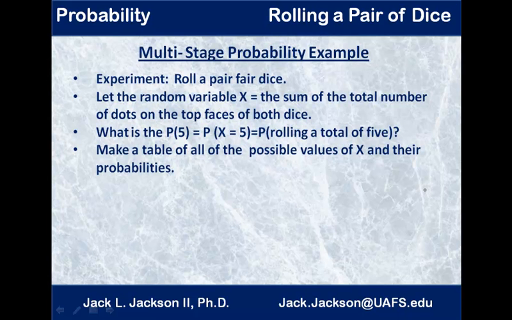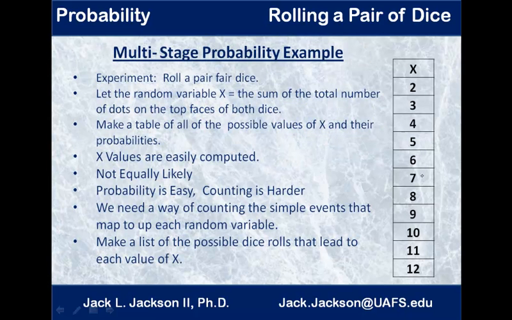Well, first we want to make a list of all the x values and their probabilities eventually. If we do the x values, well, that part's pretty easy. We can get a 2, 3, 4, 5, 6, 7, 8, 9, 10, 11, 12. Nothing in between, nothing below a 2, nothing above a 12. So that's pretty easy, but the problem is these are not equally likely.